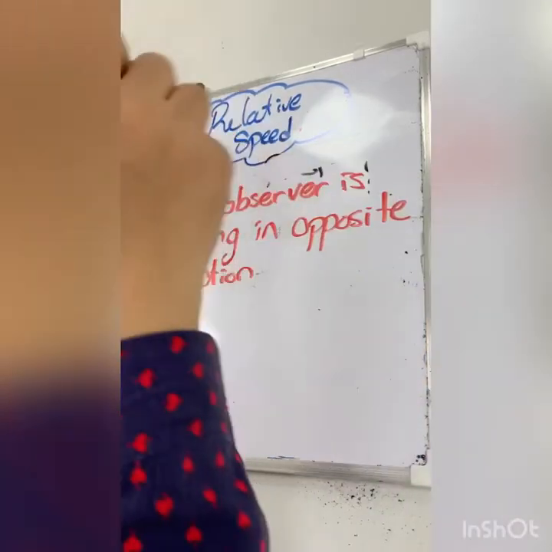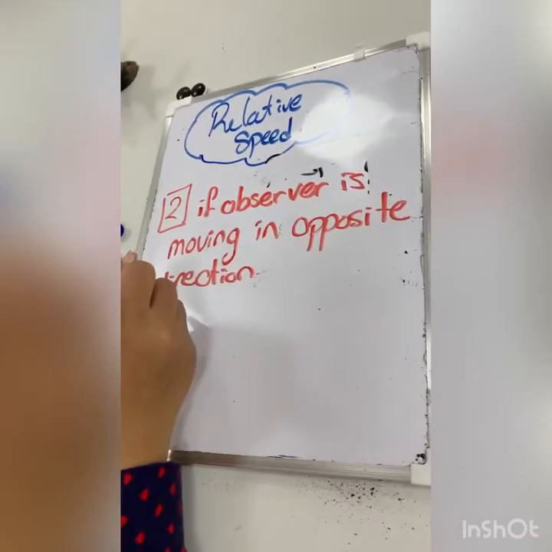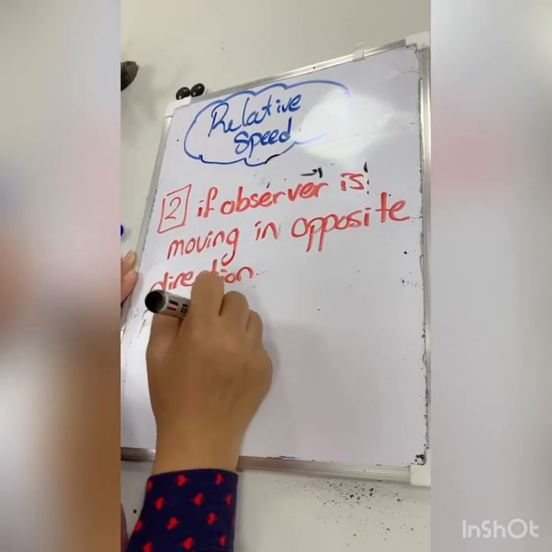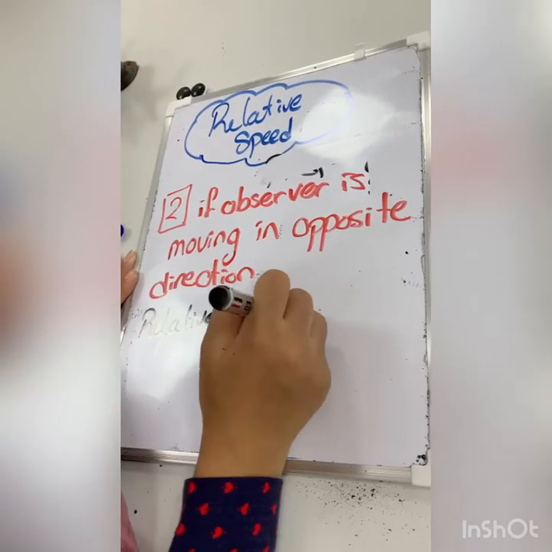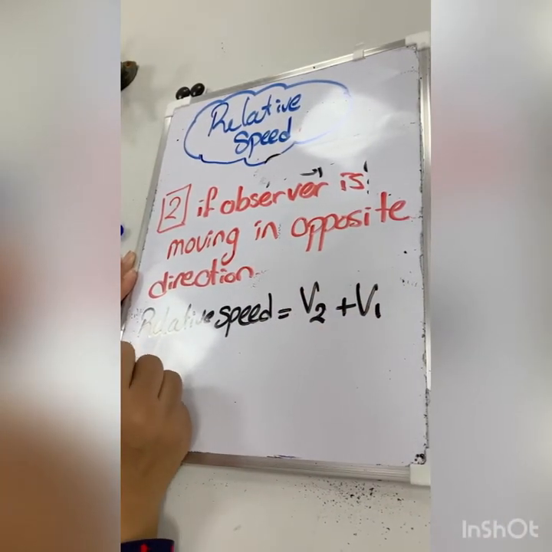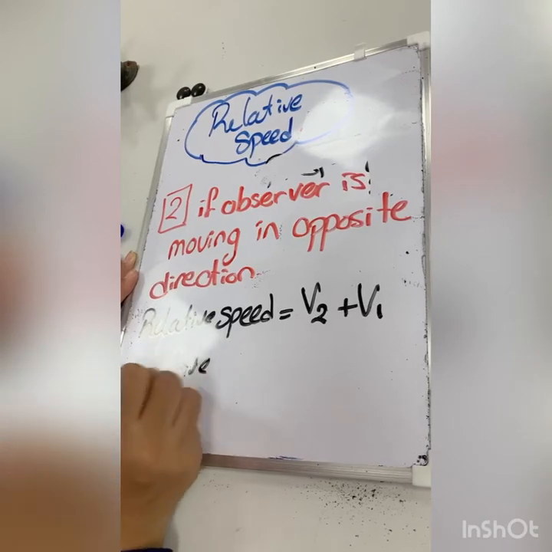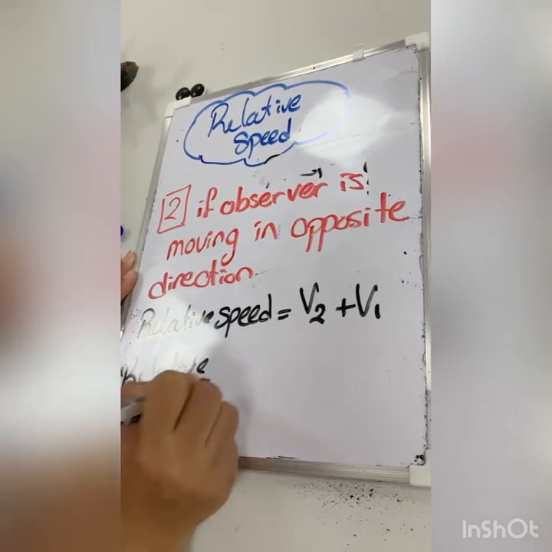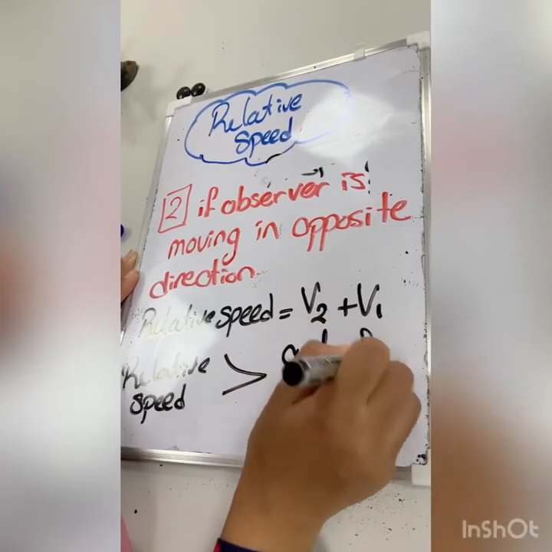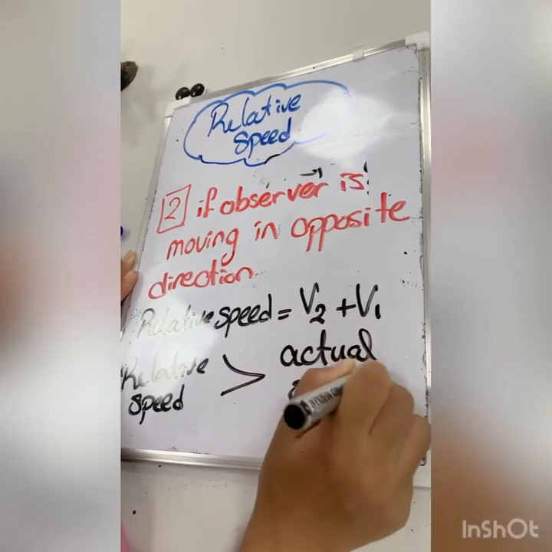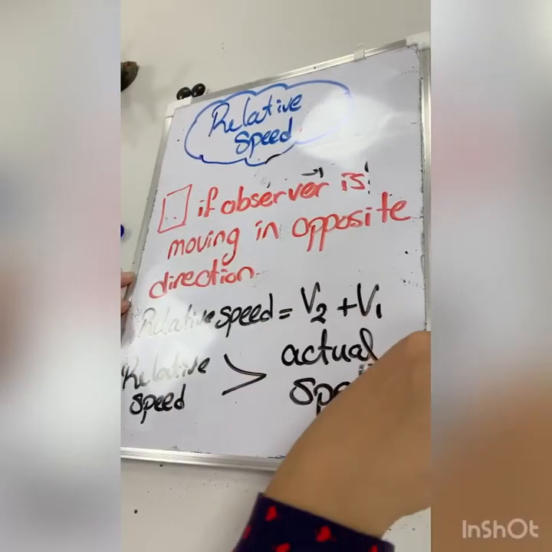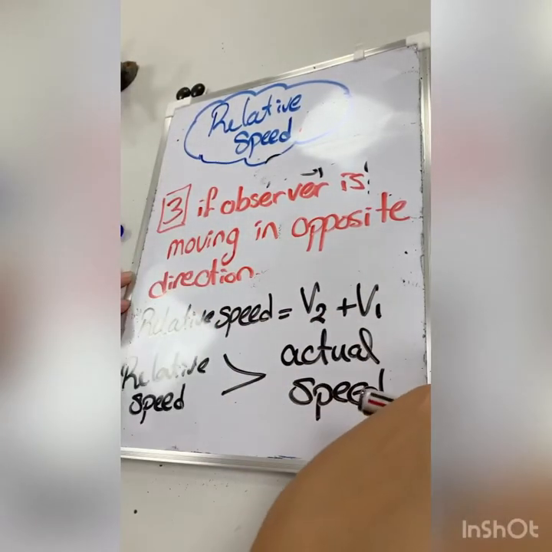If the observer is moving in the opposite direction, relative speed equals V2 plus V1, and the relative speed is higher than the actual speed. This is case number 3, not 2, sorry.